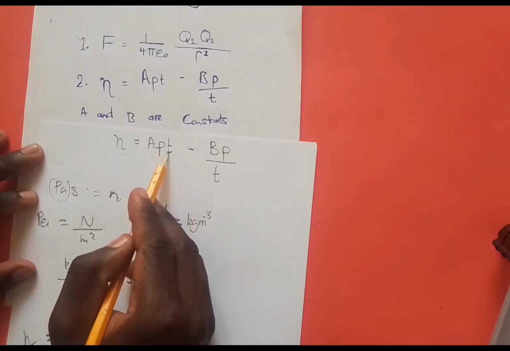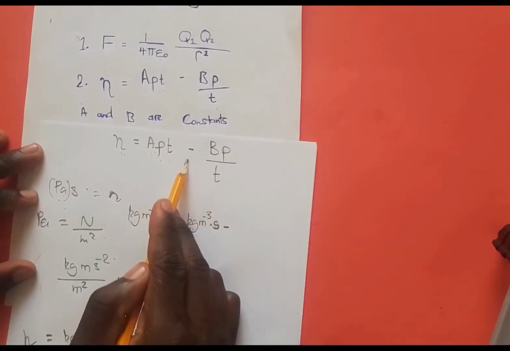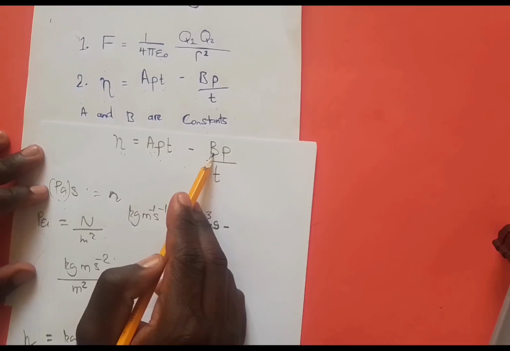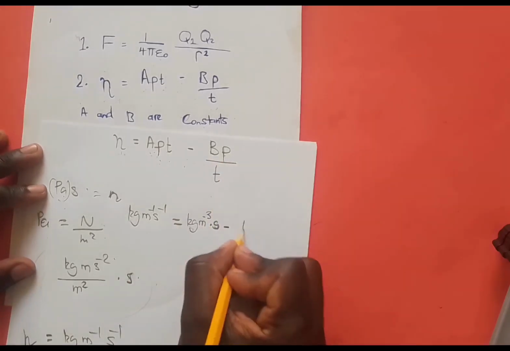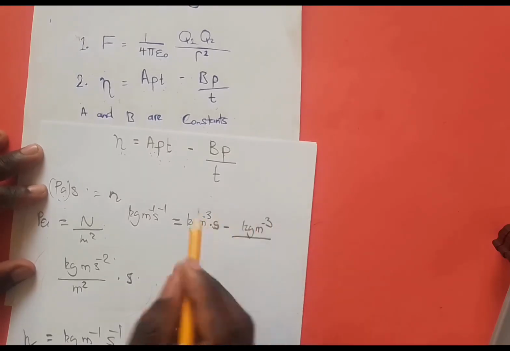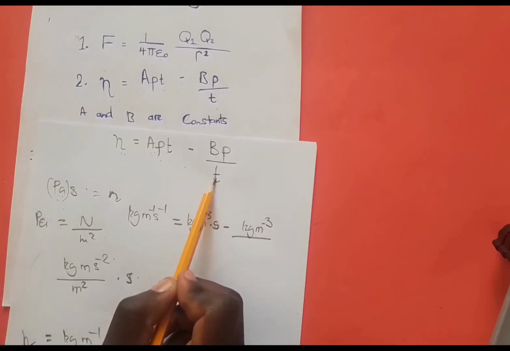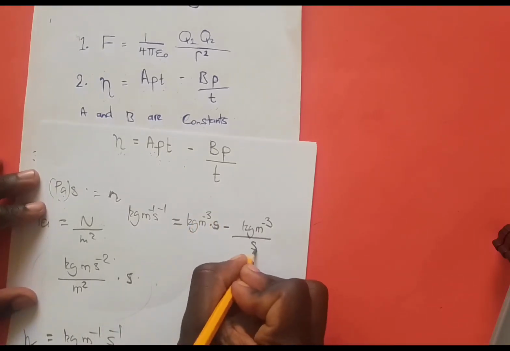Then T is time; the unit for time is seconds, times S. Then minus B, a constant with no units. Then rho is density again, which is kg per cubic meter, over T. T is time, and it's measured in seconds again, right?